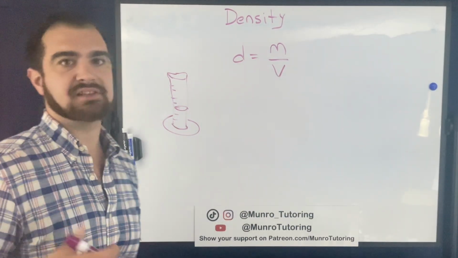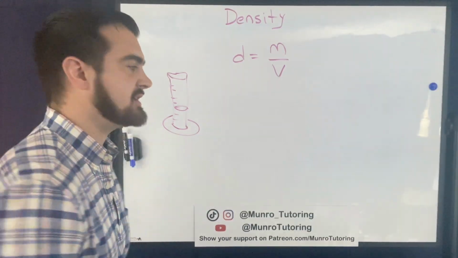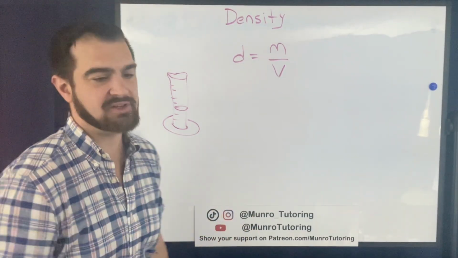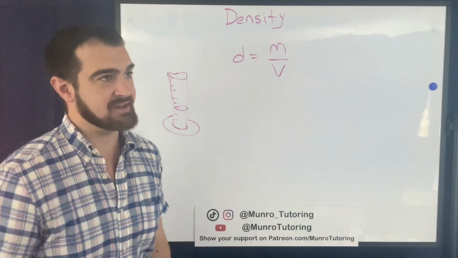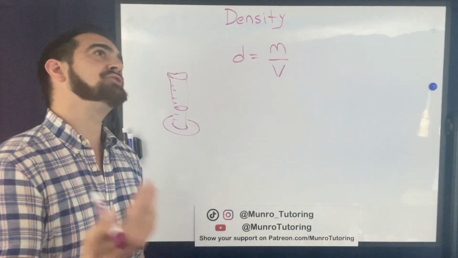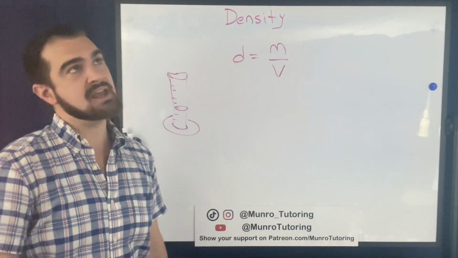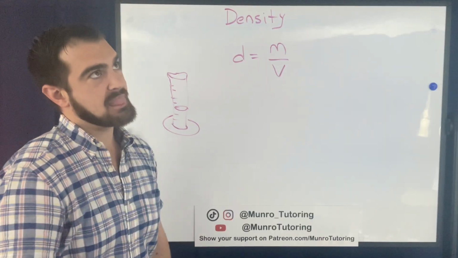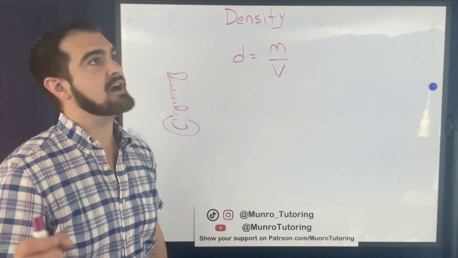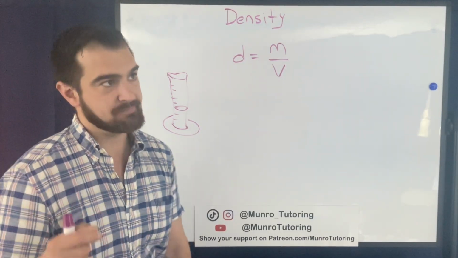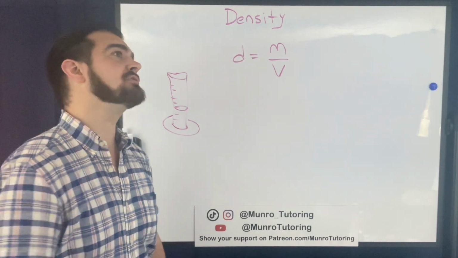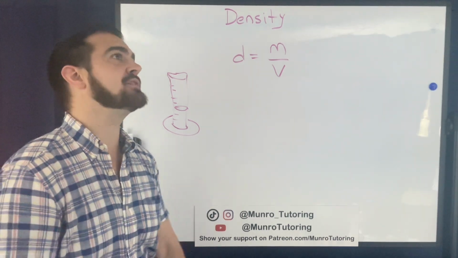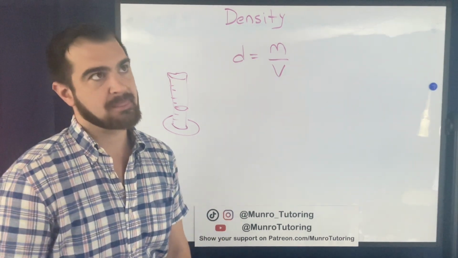Let's say it starts off at 10 milliliters, right? And so the whole question, let me just phrase this all off the top of my head here. You have a graduated cylinder with 10 milliliters of water in it. You drop a hunk of metal into it, and the volume increases up to 15 milliliters.